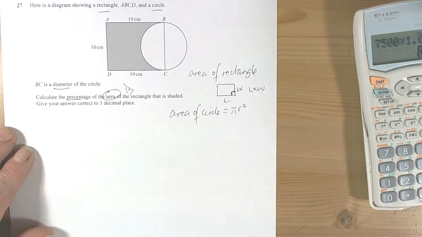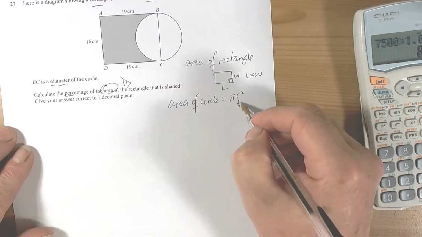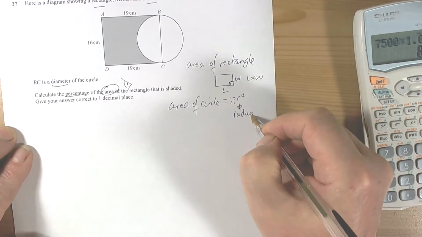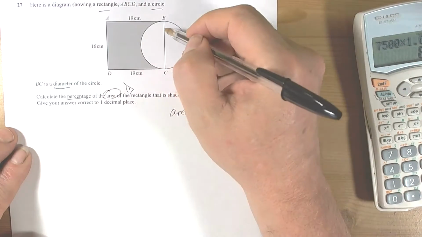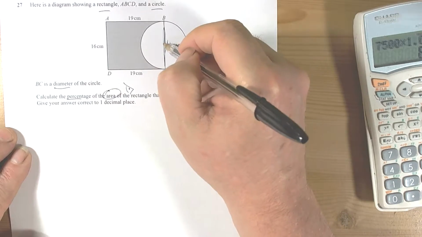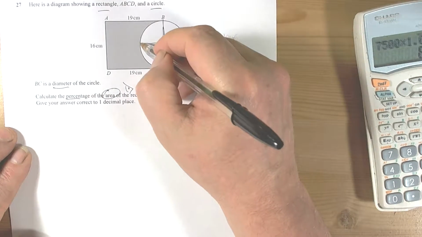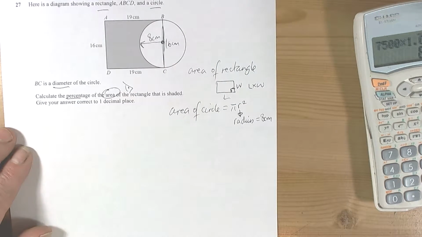So area of circle, pi r squared, where r is the radius. So we must remember that's the radius. And the radius is equal to 8 centimetres, because if that's the diameter, 16 centimetres, then the radius is 8 centimetres. Okay, so calculate the percentage of the area of the rectangle that is shaded.